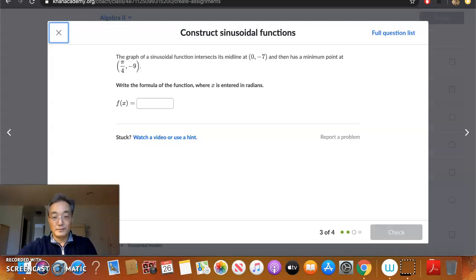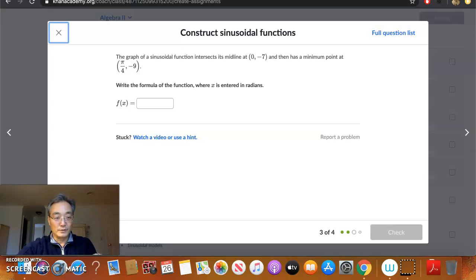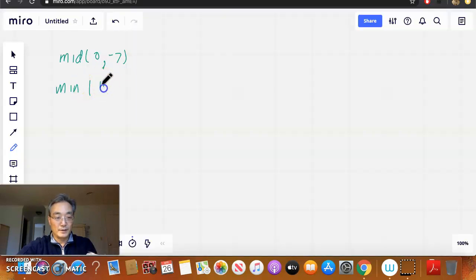So we have 0, -7 for the midline. So the midline is 0, -7. And now it goes from midline to minimum. Okay. So therefore this is pi over 4, -9. Pi over 4 and -9.